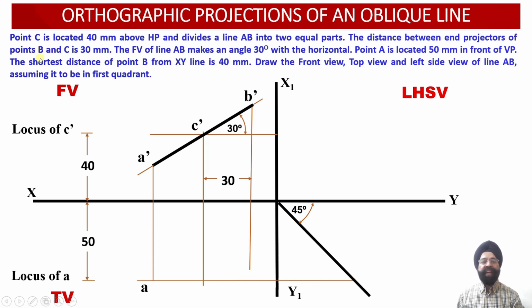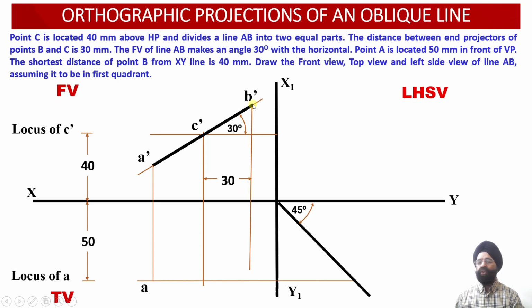Similarly, another piece of information we have corresponding to the point B top view projection. We know that the shortest distance of the point B from the XY reference line happens to be 40 millimeter. As we measure this, we can see point C was located 40 millimeter above the horizontal plane, and since point B is located above the point C with respect to the horizontal plane, the distance of the point B dash in the elevation is greater than 40 millimeter.